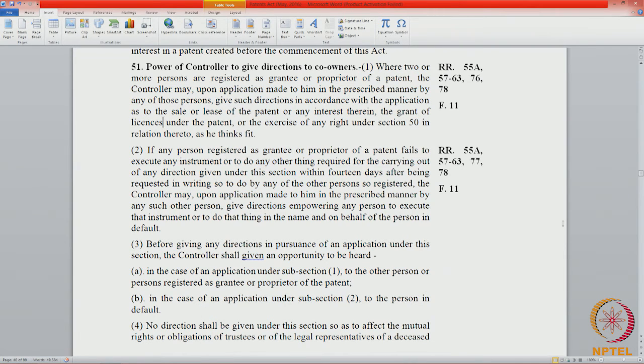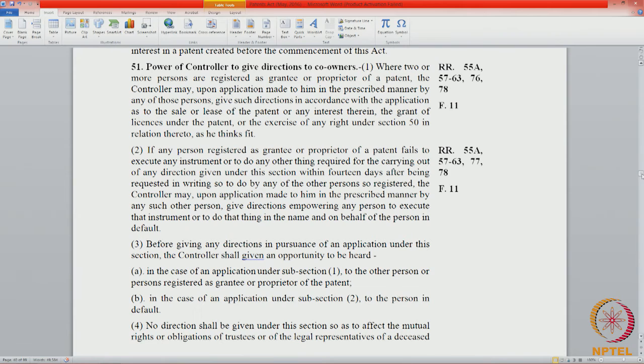The controller has wide powers to issue directions on this, and the grant of licenses under a patent is covered under 51(1). So, A can take an application under Form 11 and ask the controller to give a direction, because the other two co-owners are not giving consent for him to license the patent.